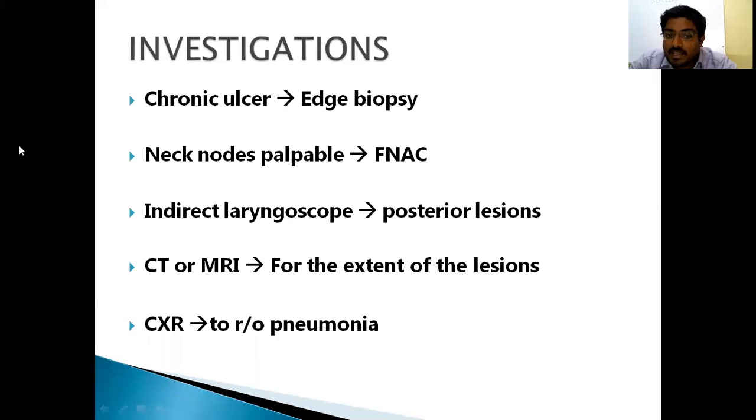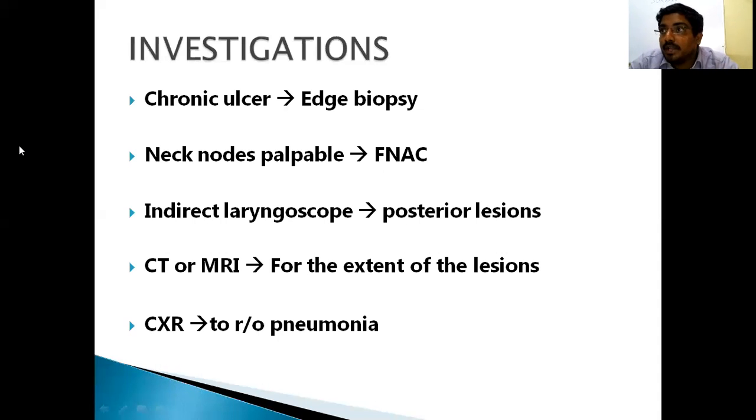Then CT, MRI for any extent of the lesion. The gold standard investigation is MRI. Before MRI, you don't go for edge biopsy. If you go for edge biopsy of the primary lesion, distortion of the primary lesion will be present. Then if you take the MRI, the primary lesion will not be identified properly.